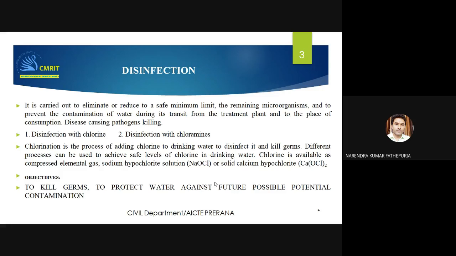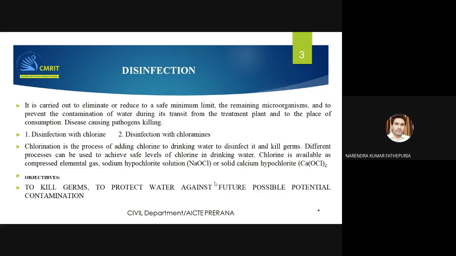Sometimes water is free from pathogens and biological growth today itself, but with the course of time, if it is traveling in a distribution network, or if it is stagnant in a water storage reservoir somewhere, the bacterial growth can grow again. So we have to protect this water against future possible contamination also.